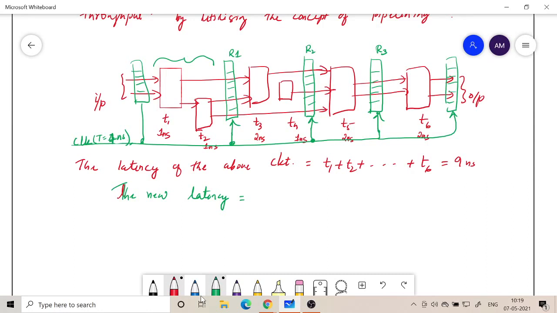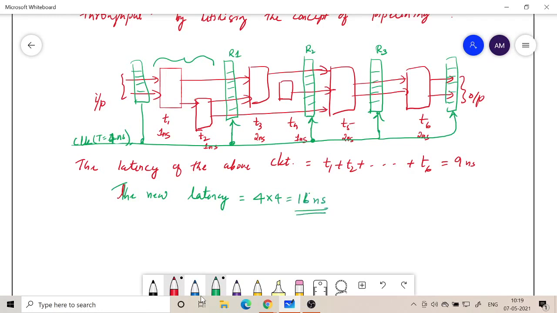From input, I don't need to count the first register that is available to us, but 1, 2, 3, 4 registers, and the output will require 4 nanoseconds to go from one register to the other. So 4 into 4 will be 16 nanoseconds.